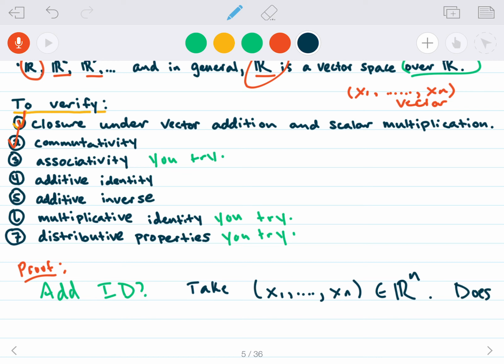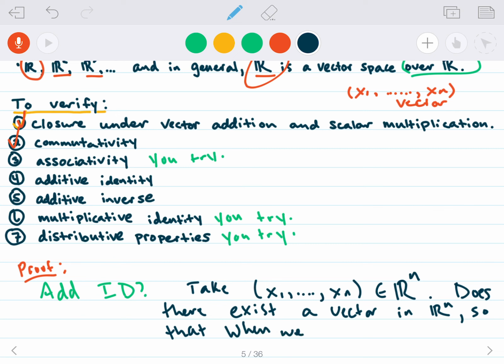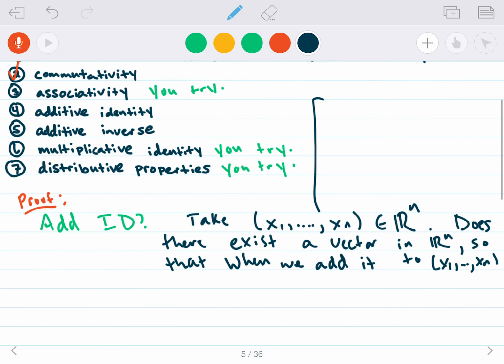Does there exist a vector in Rn so that when we add it to x1 dot dot dot xn, we get the vector back?